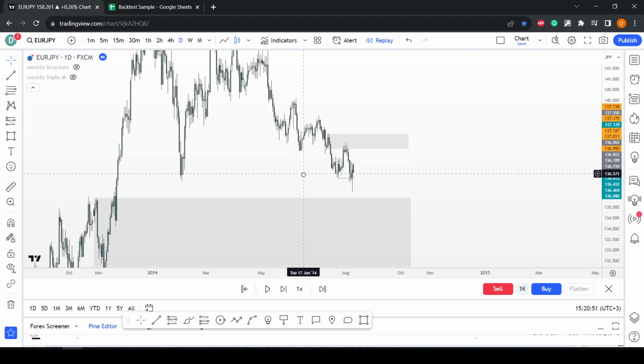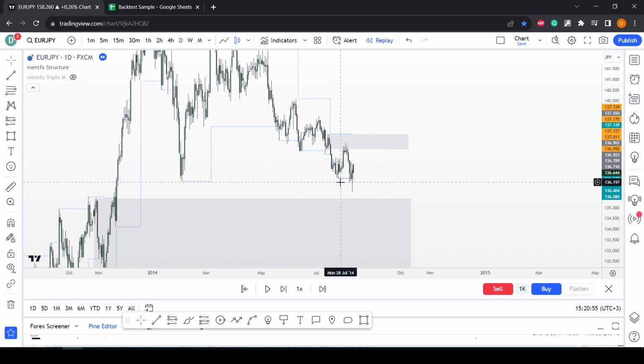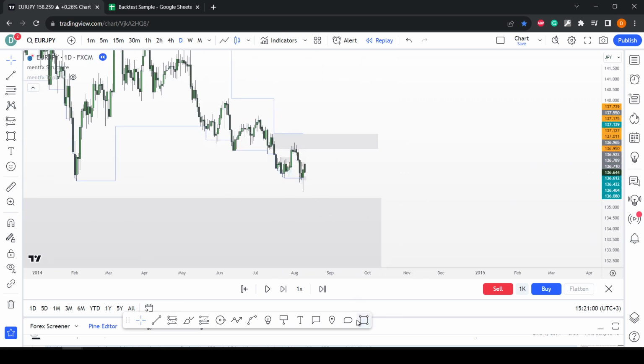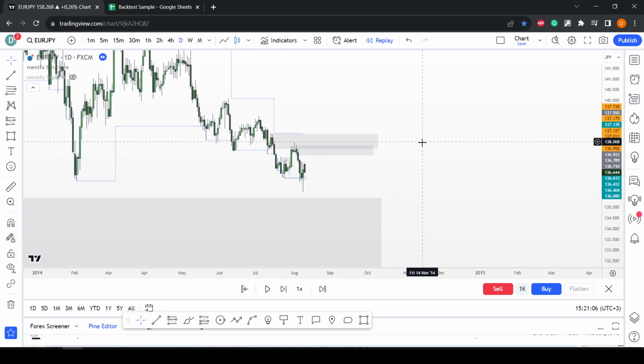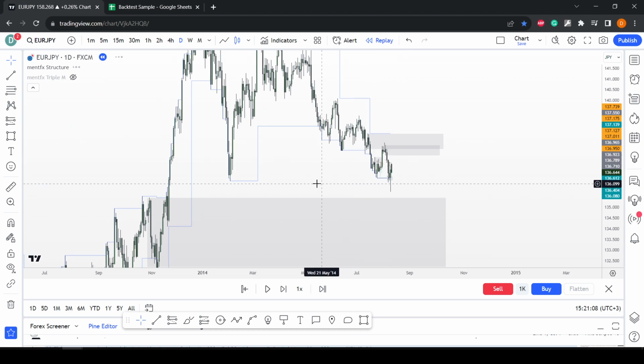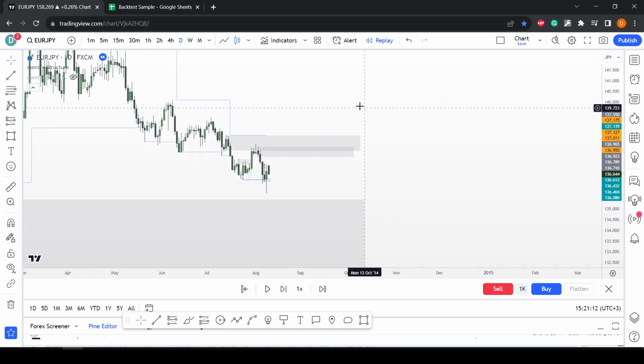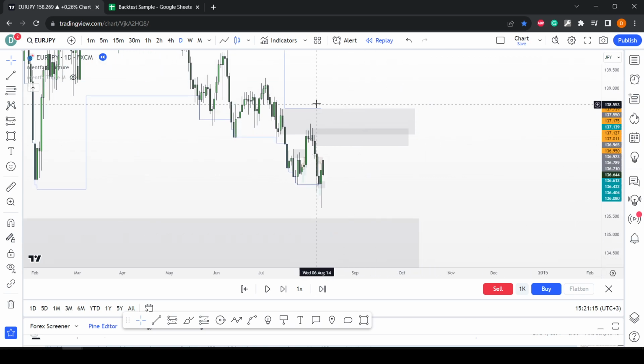We actually didn't have a break, so we're still operating in the same range as before. So we had this main zone, and now we have this 2.0 here. And we are looking to take it down to this weekly zone, and daily still holding to the downside. So main bias still remains to the downside.